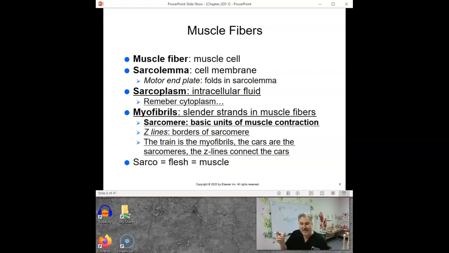My tricep only has to contract about an inch to get my arm to move that far because of how levers work. Do we understand that? So a tiny little movement down here gets a huge movement up here. Tiny little movement here, and that thing's on the other side of the screen, but my movement down here was only that much. All right? This is key to your body.